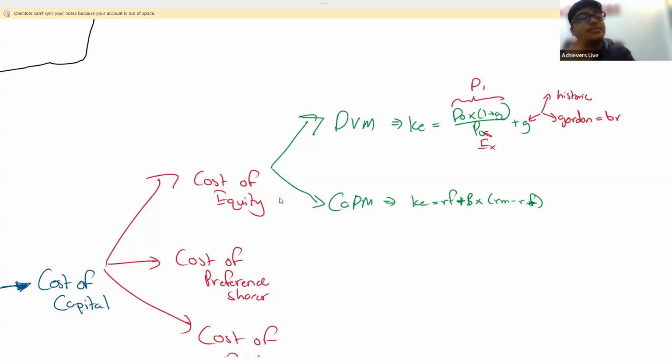Unsystematic risk is the industry specific risk which can be diversified away. So how can you diversify unsystematic risk? By diversifying your portfolio. What do you call that theory? Portfolio theory. Okay. So certain things are there in beta which you have to understand.